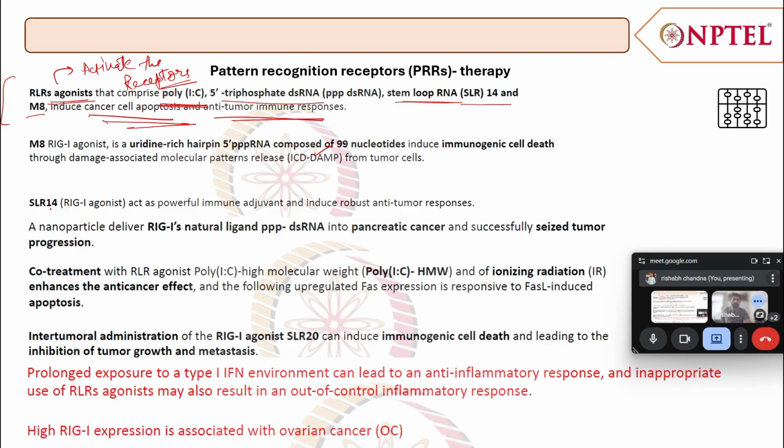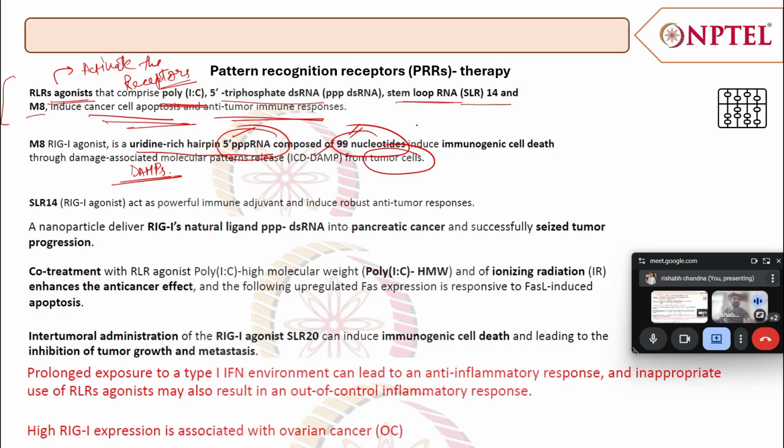response. Okay, then M8 Rig1 agonist, it is a uridine-rich hairpin 5' triple phosphate RNA that is composed of 99 nucleotides that induces immunogenic cell death through damage-associated molecular patterns, or the DAMPs, from the tumor cell. So that means this RNA is related to these tumor cells.